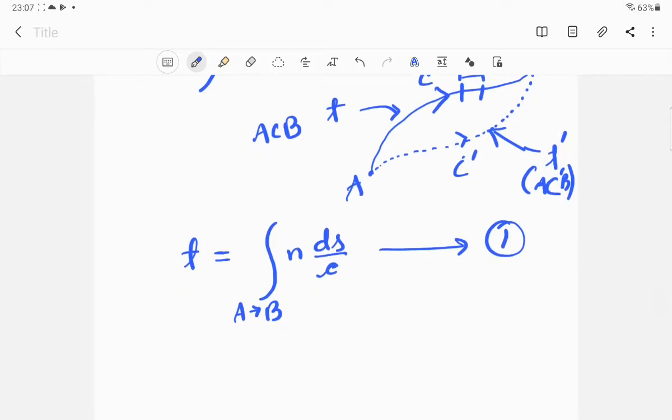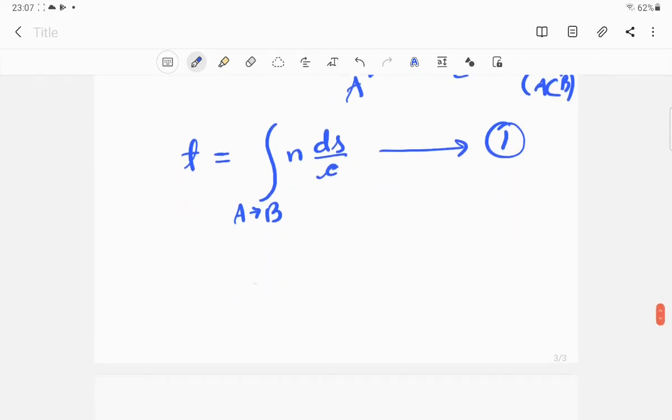Now we need to decide which one is correct. If t dash is the time taken along the path ac dash b, and if acb indeed represents the path of the ray, then t will be either less than, greater than, or equal to t dash.